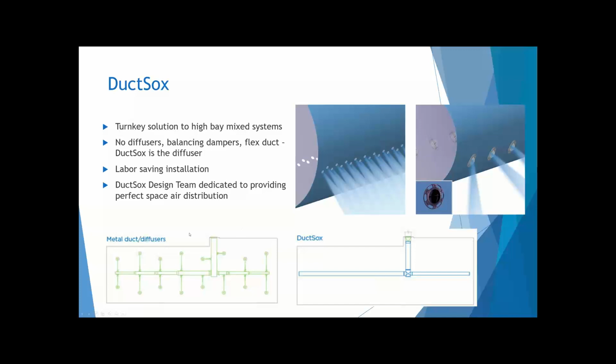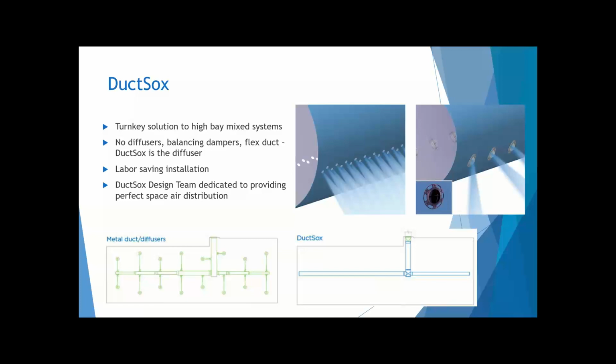All of those could actually be replaced with this duct socks right here. So duct socks actually acts as a diffuser. It's a really labor-saving installation. You don't have that weight. You don't have all that material hanging from the ceiling. And duct socks has a dedicated design team to providing a perfect air distribution in the space.